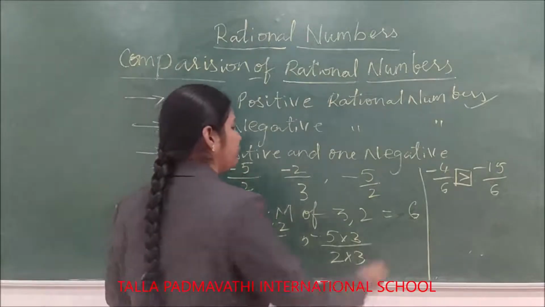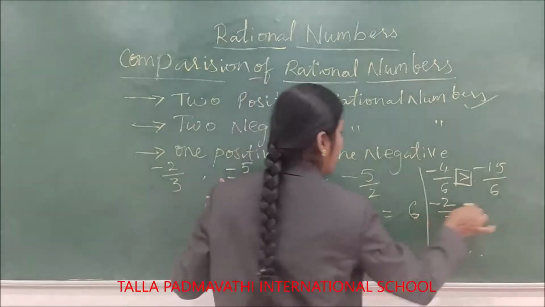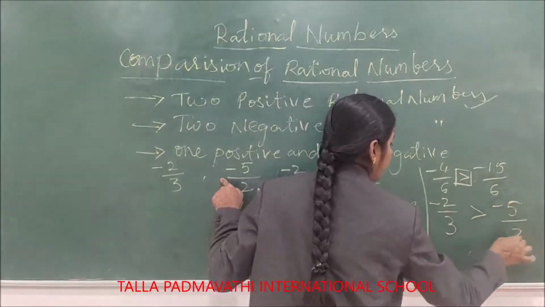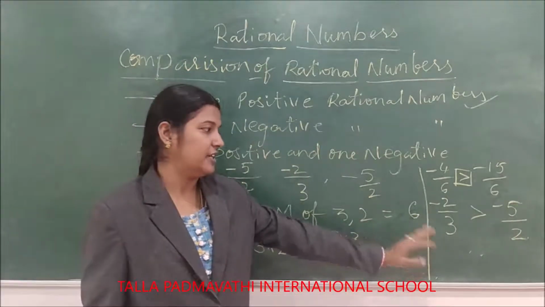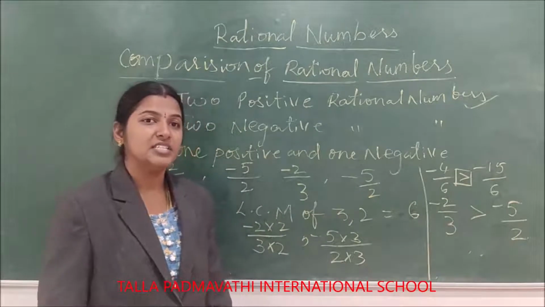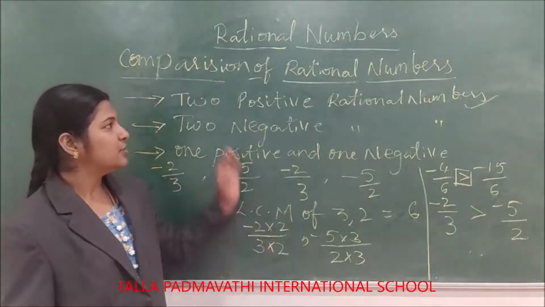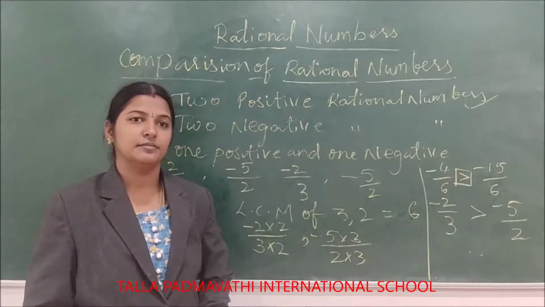That is nothing but minus 2 by 3 is greater than minus 5 by 2. Now, I think you have understood. And this way we can compare the rational numbers.